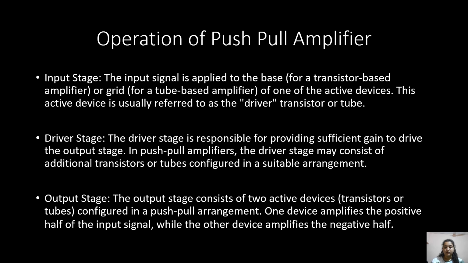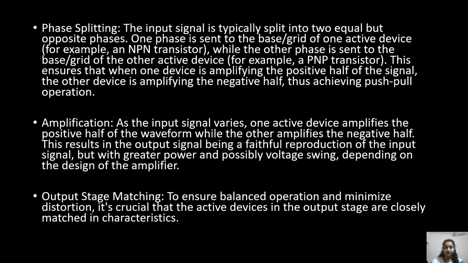Output stage. The output stage consists of two active devices, transistors or tubes, configured in a push-pull arrangement. One device amplifies the positive half of the input signal while the other device amplifies the negative half. Phase splitting. The input signal is typically split into two equal but opposite phases.